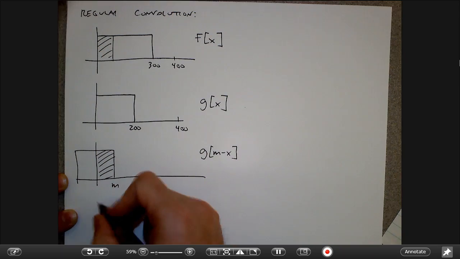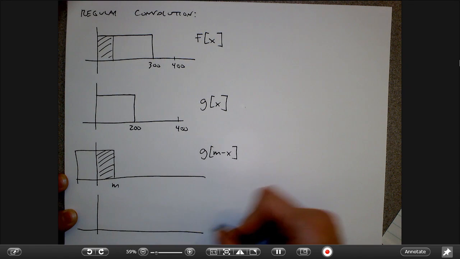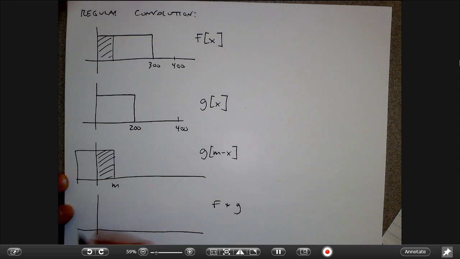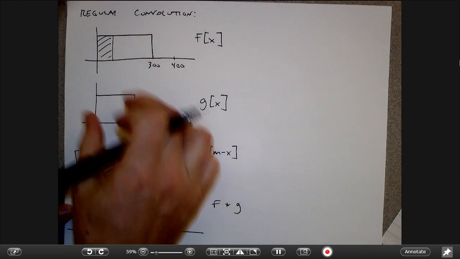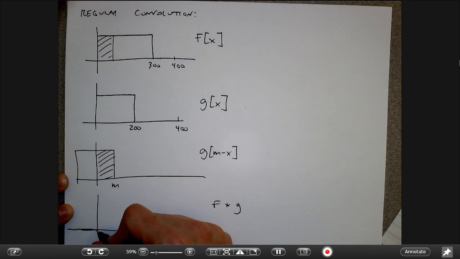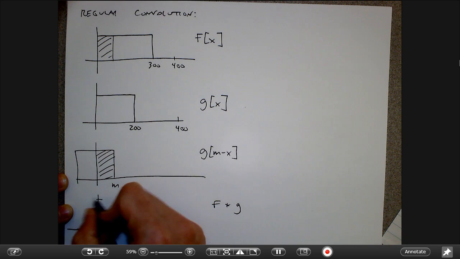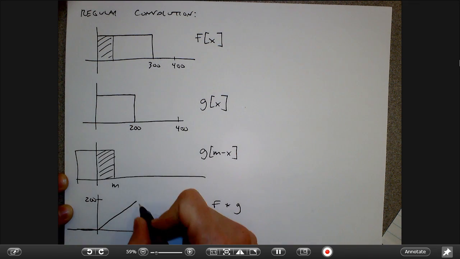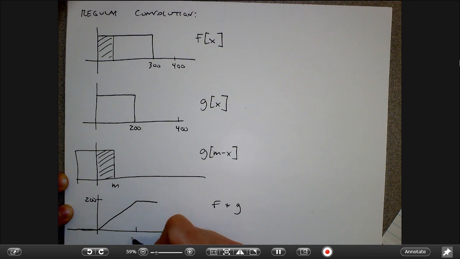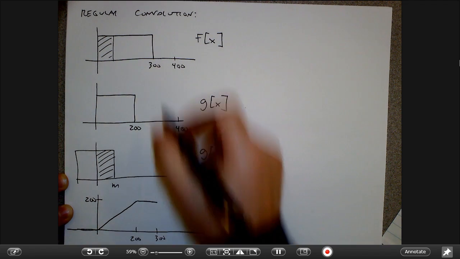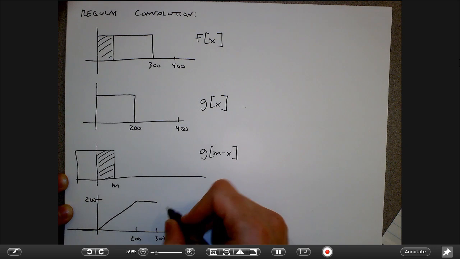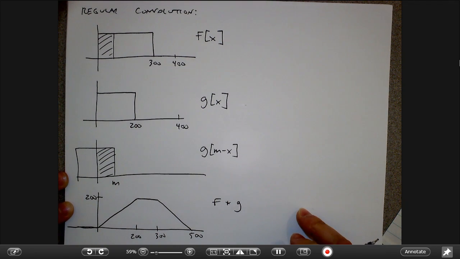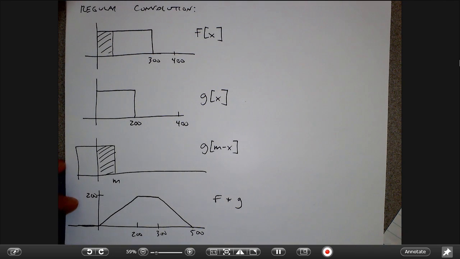I would look and see how much overlap there is, and then I would make a plot of that overlap as time goes on. So in the beginning, I get nothing. In this case, as I bring this along, at some point I reach the most overlap, which is going to be 200. This box is going to stay inside this box for 100 units. And then after it moves off the end, it's going to slowly tail down like this. So this is kind of like a sophomore level convolution problem, right?